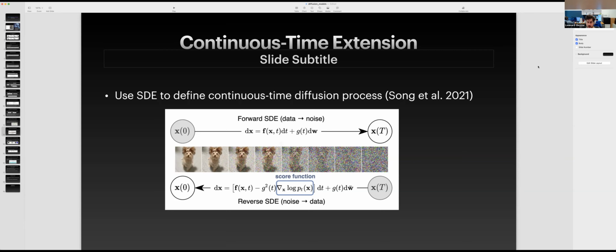And learning these differential equation SDE solvers has its own many different methods and fields and research ideas there, but not as popular as the discrete time diffusion models, but still gaining traction as a continuous time extension.